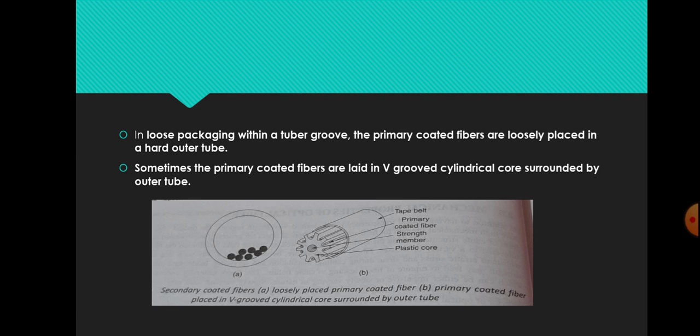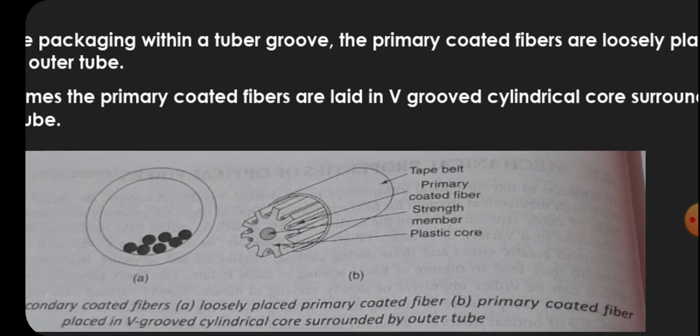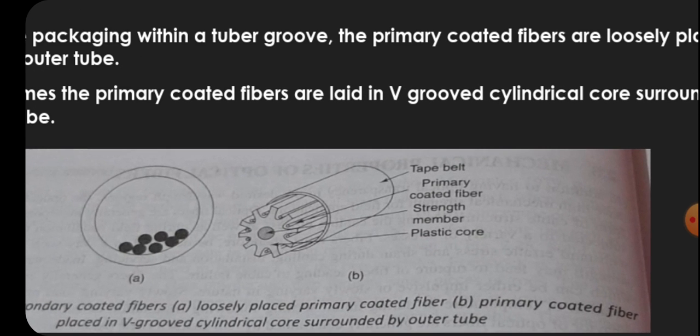You can see in figure A that different fibers are loosely packed within the tube: the primary coated fibers are loosely placed in a hard outer tube. Sometimes the primary coated fibers are laid in a V-grooved cylinder core that is surrounded by an outer tube, and it is shown in figure B. Here fibers are placed within the V-grooved structure.